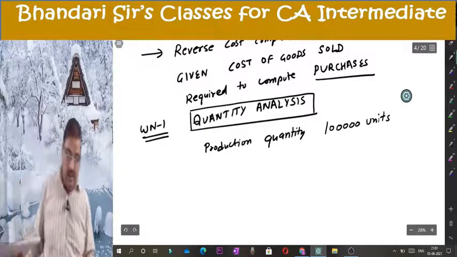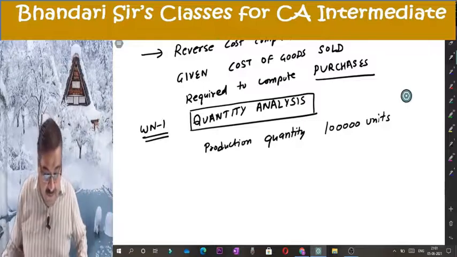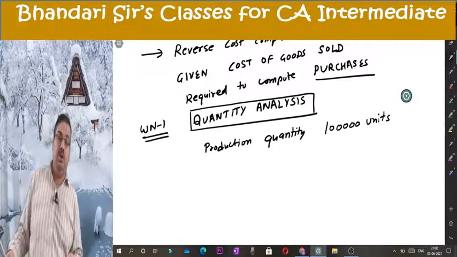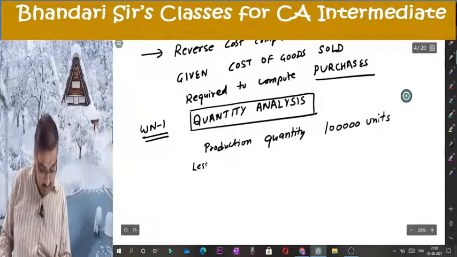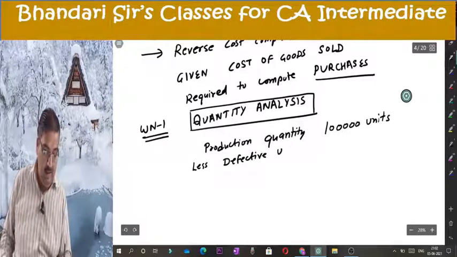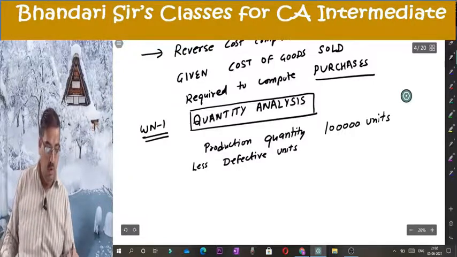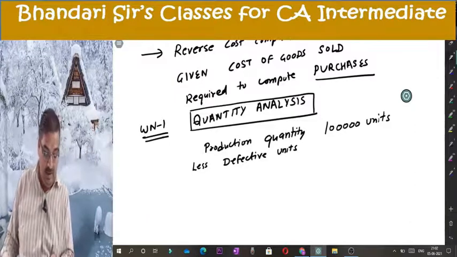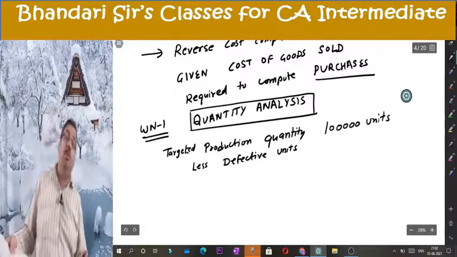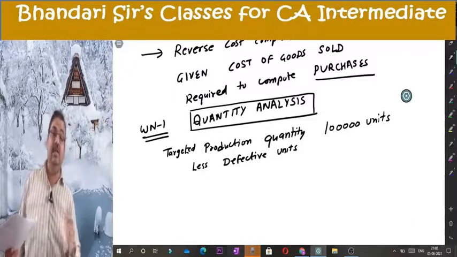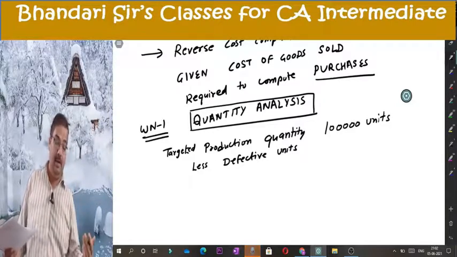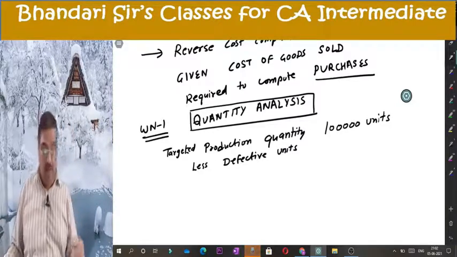The question clearly says defective output is 4% of targeted production, less defective units of the targeted production. This is targeted production quantity. Cost sheet is to be prepared on the basis of targets. It is all predicted. Nothing is actual here. Everything is predicted. Targeted production quantity 1 lakh.